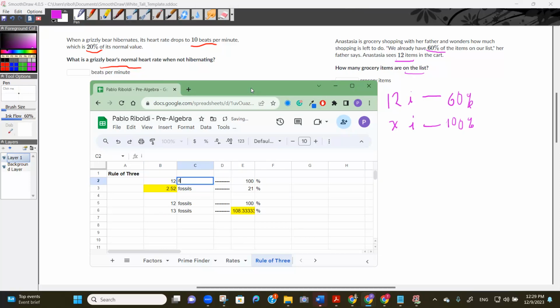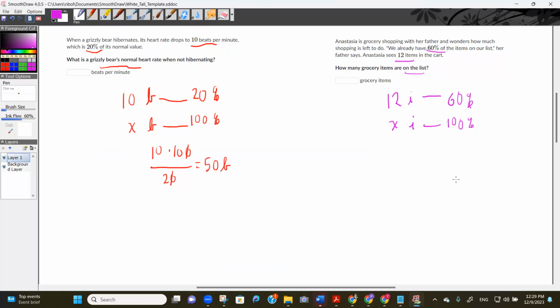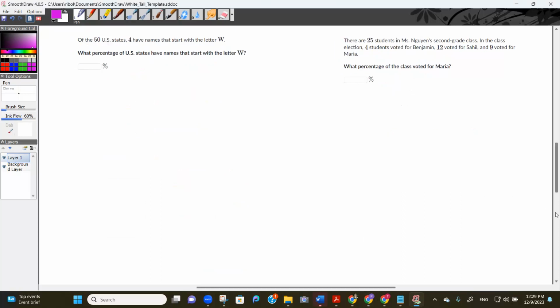We have that 12 items represent now 60%, and what we are trying to find out is 100%. So 100% is going to be 20 items. So that is our answer there. So there's another type of percentage problem here, okay?